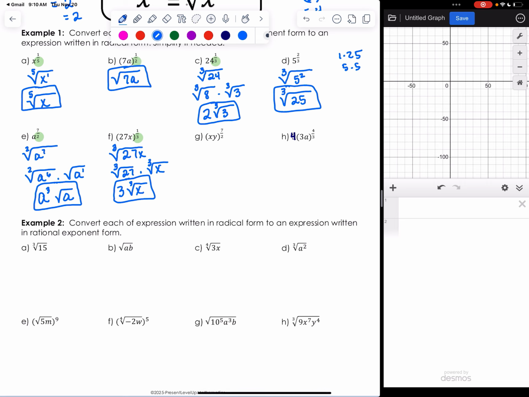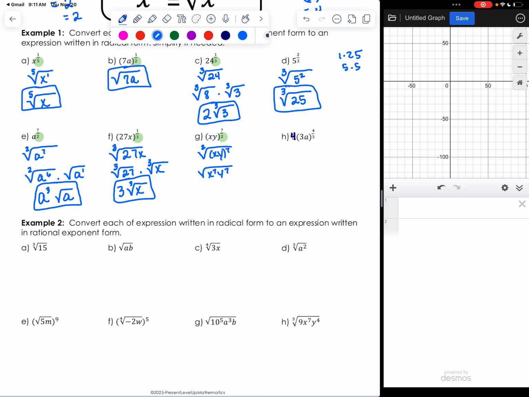All right, problem G, we have xy to the 7/2 power. So our denominator is 2, so we'll be using a square root. So this would be the square root of xy to the 7 power. So we could rewrite that as the square root of x to the 7, y to the 7.